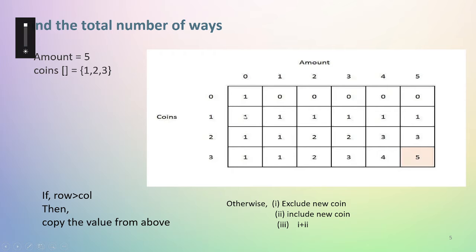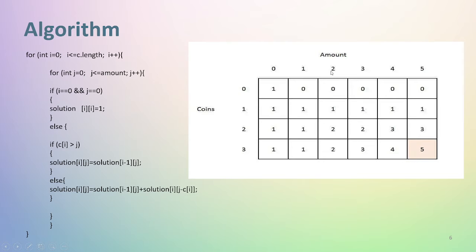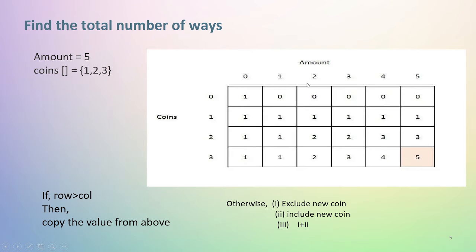In the same way, the row number is 1 and the column number is 2. First of all, we consider this 0.